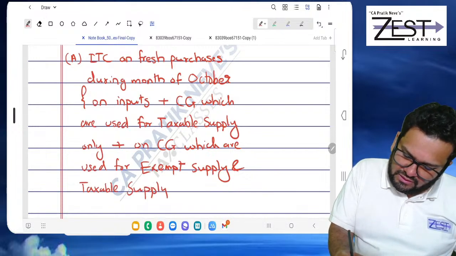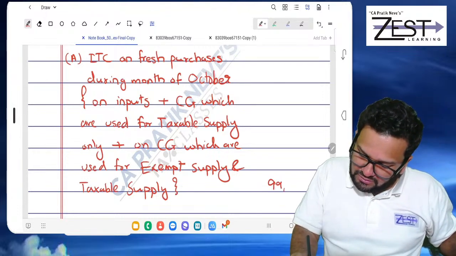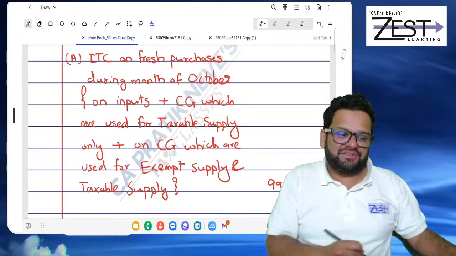Did you understand? This figure you are saying is 99,000. Any problem till this figure of 99,000?